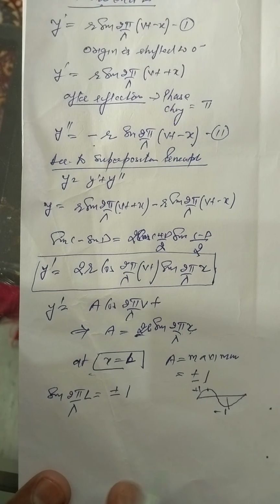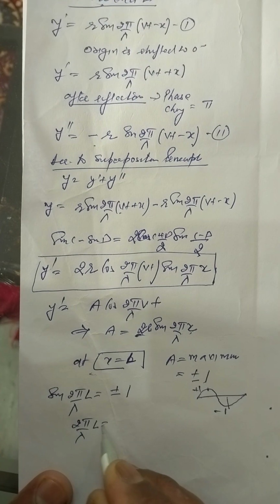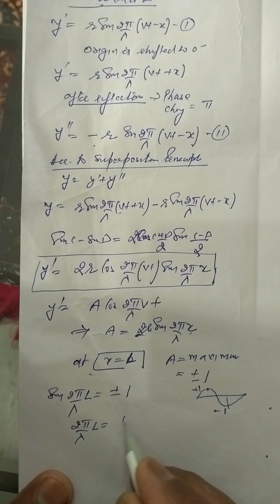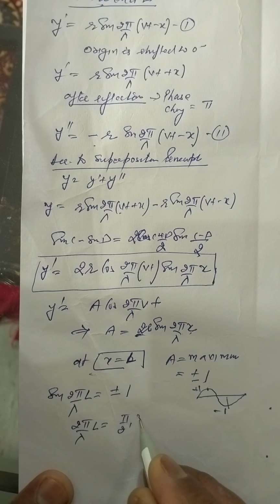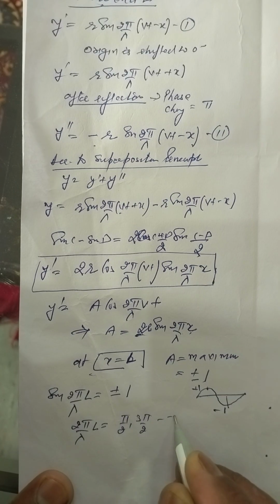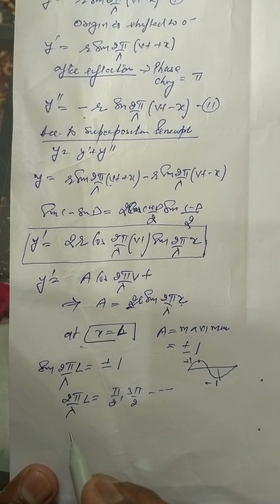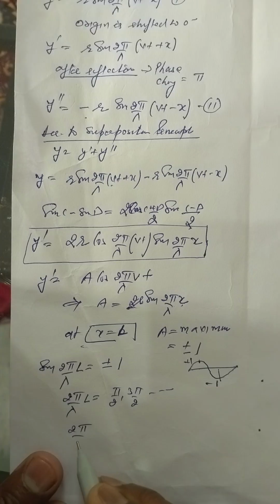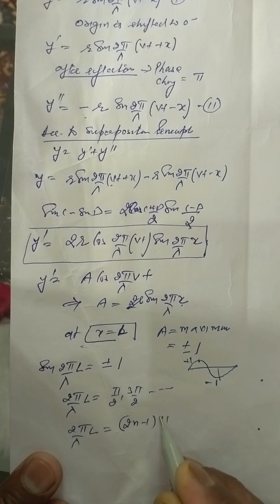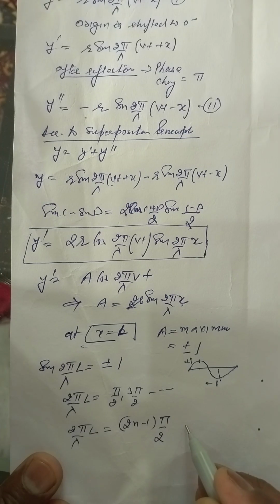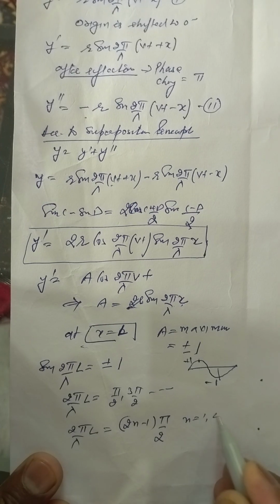And sine is ±1 when the angle is π/2, 3π/2 and so on. Generally we can write 2πL/λ = (2n − 1)π/2, where n = 1, 2 and so on.